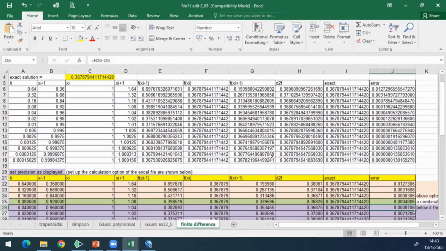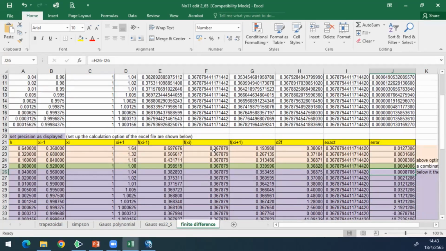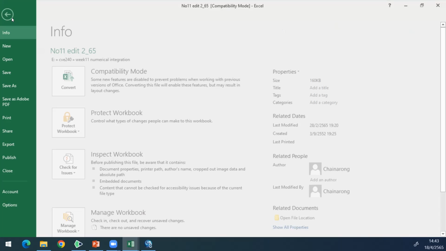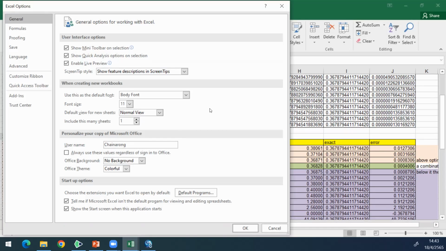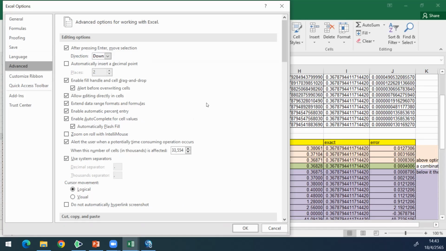But don't worry about that too much, because if you would like to use just 6 digits, you have to set it up here. That option is not necessary to set up in general, but in this case I set it up over here.